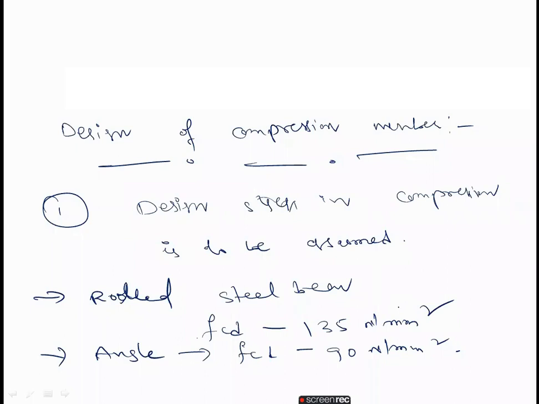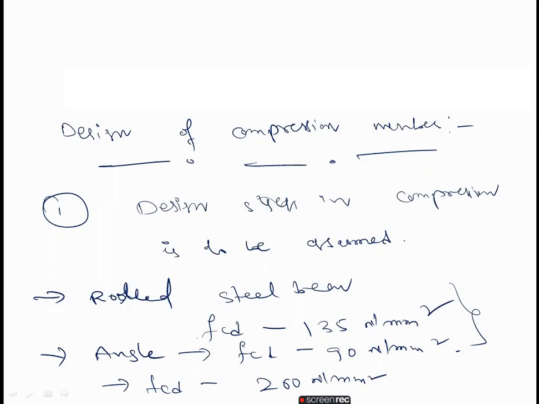For such cases the direct stress FCD may be assumed as 200 Newton per mm square. But in most cases when we are designing, we will take rolled steel beams or angle sections. So the first step, whenever we design the compression member, is to assume the design stress in compression.